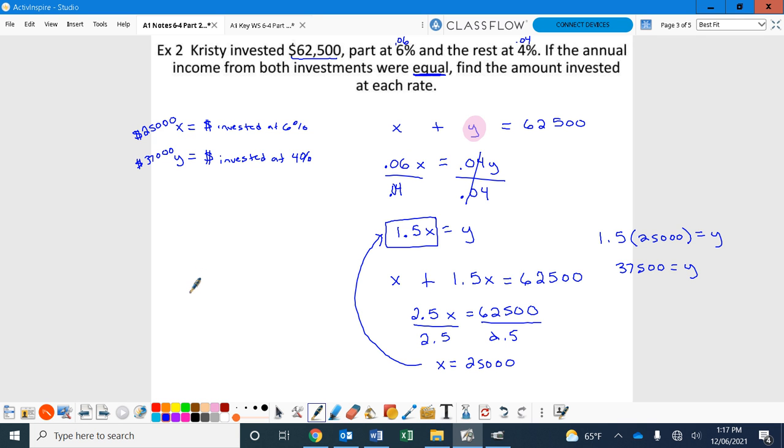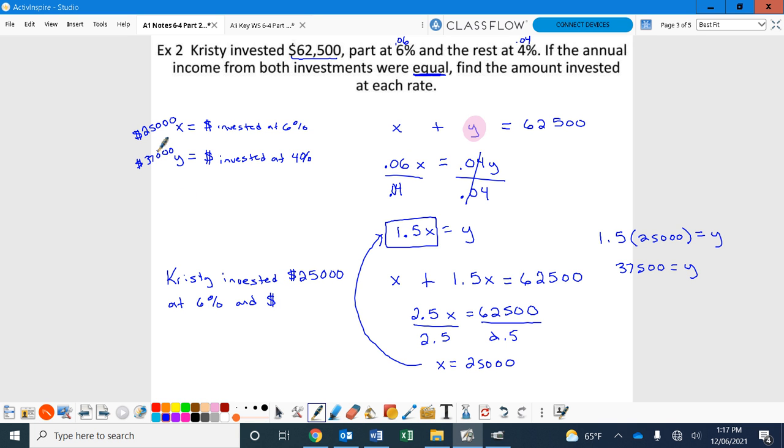Now, the last thing you're going to do on every single word problem is write a word answer. So the word answer is going to be that Christy invested $25,000 at 6% and, wasn't it 37,500?